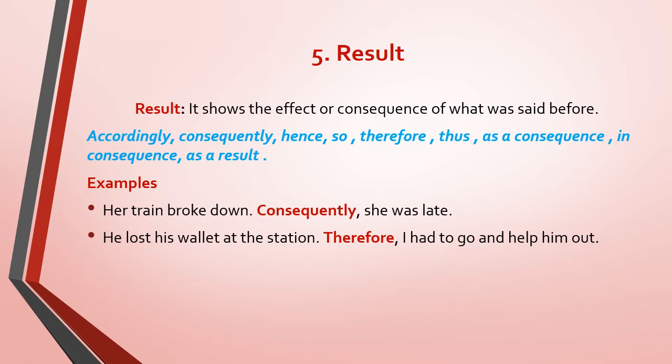Her train broke down, consequently she was late. Or her train broke down, accordingly she was late. Hence she was late. Thus she was late. As a consequence, she was late. In consequence, she was late. As a result, she was late. Next, he lost his wallet at the station. Therefore, I had to go and help him out. Right.